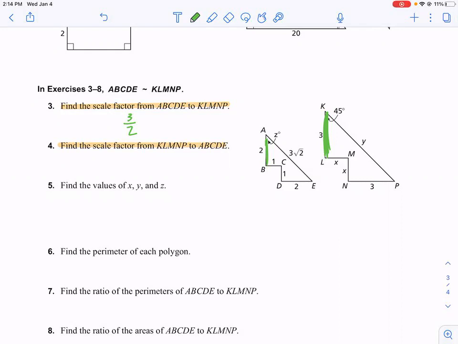And we know it's right because if we started with a side from ABCDE and we multiply it by the scale factor, we get to the next figure. Do you have a question, Zach? Okay, Zach, so what's the scale factor? 2/3. Perfect.